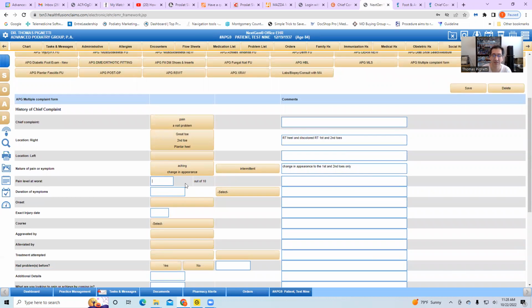Pain level at its worst, I had said it was an 8. Duration of symptoms, I said it was 4 weeks. And I think I did something for several months.